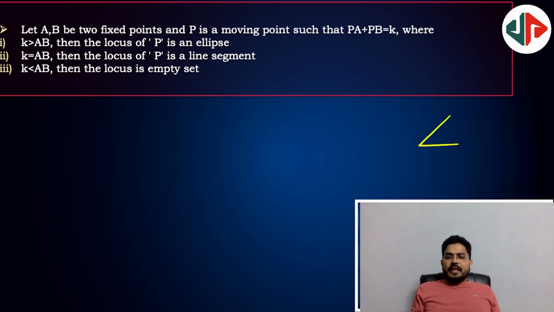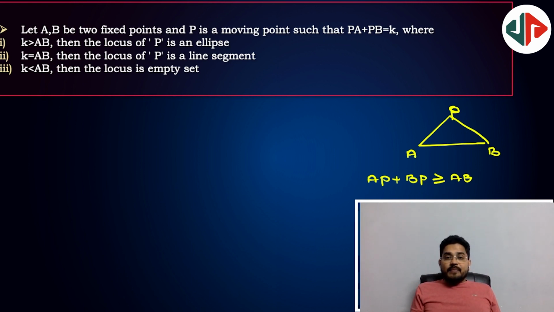See, if you have a triangle with vertices A, B, P, the sum of two sides AP plus BP is always greater than or equal to AB.